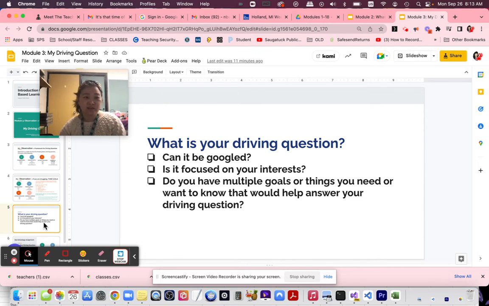We will be looking at your driving question this week and definitely giving you feedback. So be sure that when you start creating your driving question, you think about your goals, and you think about the things that you did in Module 2 as far as listing those interests, some things that maybe go with your project, as you're starting to think about how your driving question and your project go together.